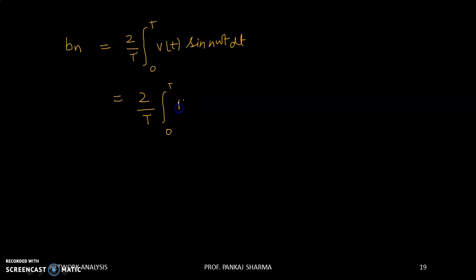Vt value is k1 by capital T into t sin n omega t dt.